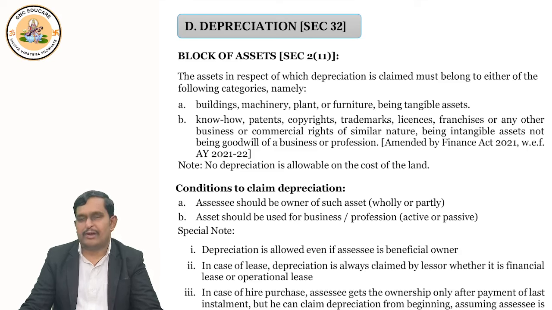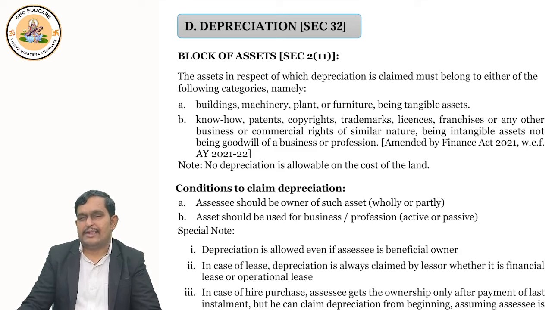Second point. The asset must be used for business or profession. So there must be an asset. It must be owned by the assessee and it must be used for business and profession. If you satisfy these conditions, then under section 32 you can claim depreciation.